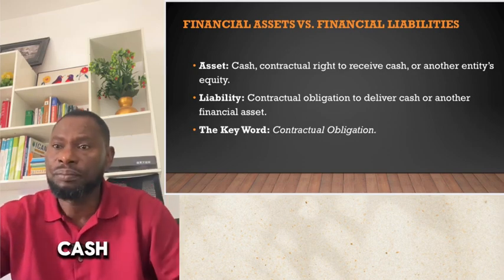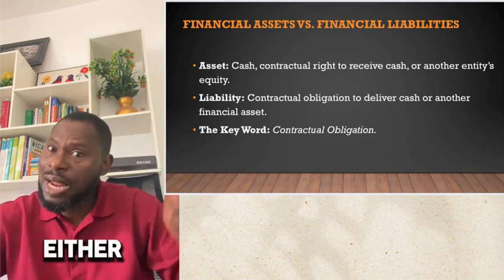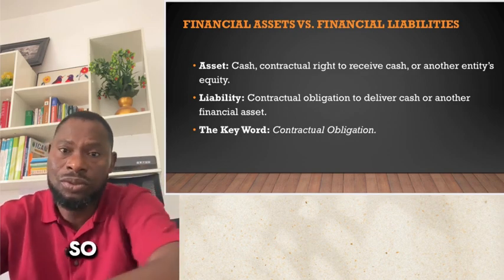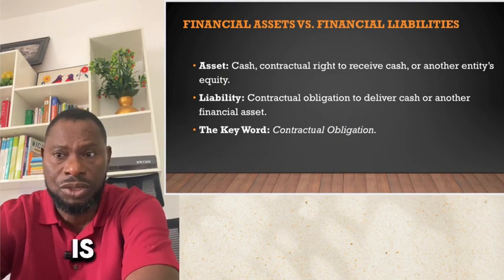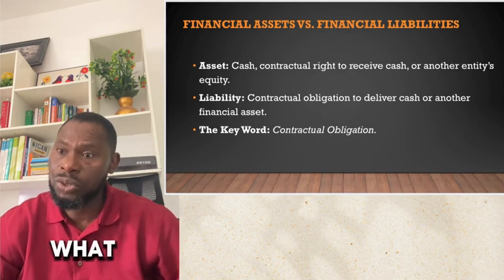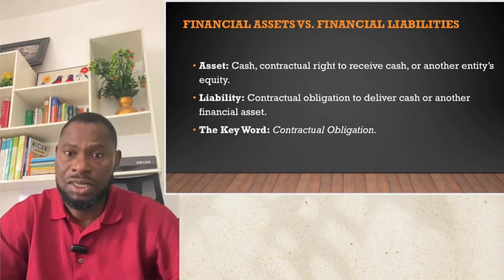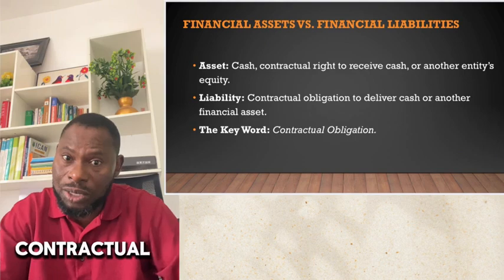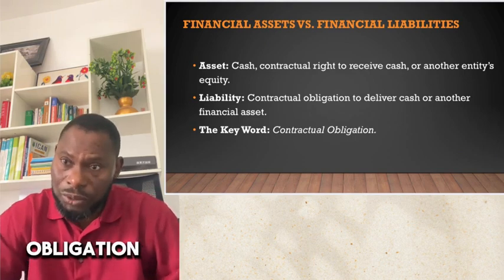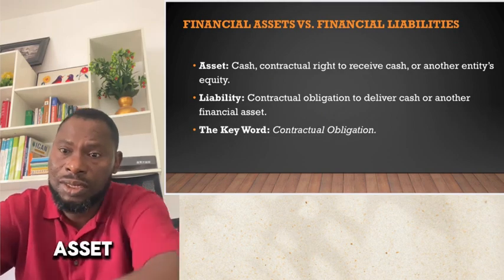To deliver cash or another financial asset. So you have an obligation to either deliver cash or to deliver another financial asset. Then the key words here in financial liability are what? Contractual obligation. It is not just an obligation, but it's a contractual obligation. So we say a financial liability is a contractual obligation to deliver cash or another financial asset.